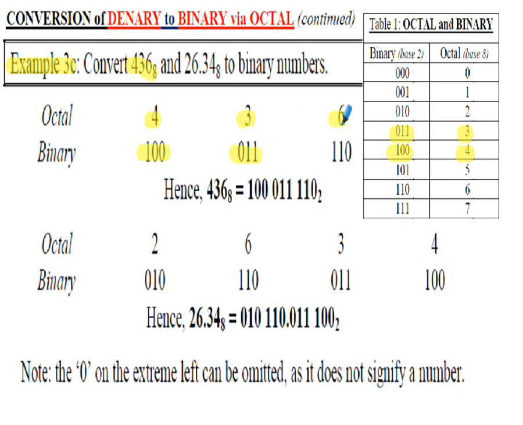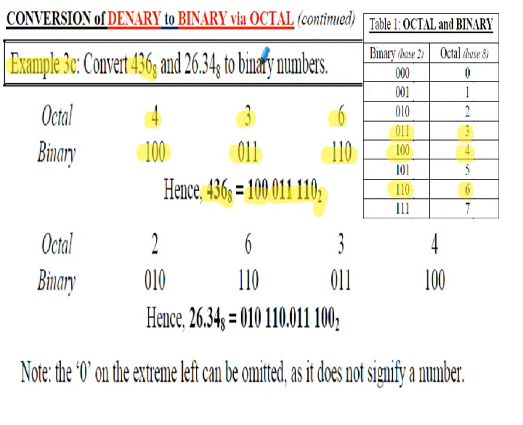And 6 in octal is equivalent to 110 in binary. So we can simply write down the conversion of 436 in base 8 as 100 011 110 in binary, all done using table 1.